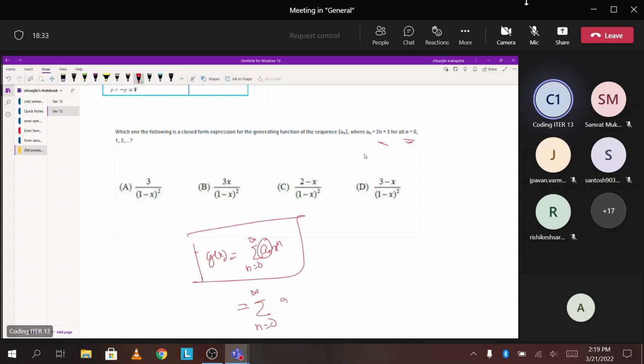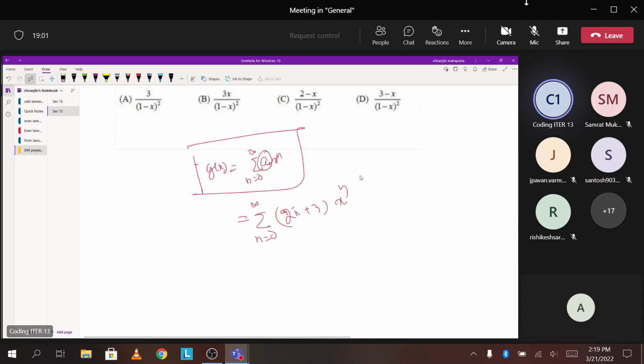So summation of 2n plus 3 into x to the power n. Okay, then what you have to do? So 2n plus 3 into x to the power n. Now try to find out the closed form.